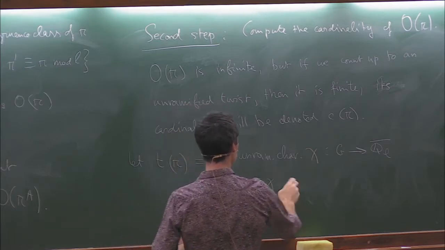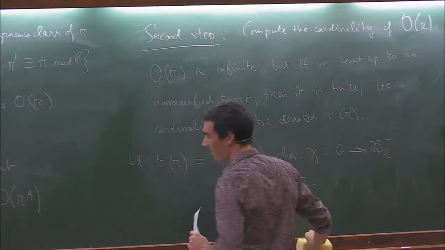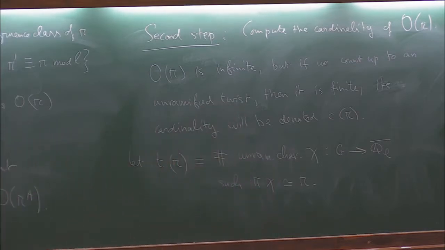So pi twisted by chi remains isomorphic to pi. It is well known that this number is finite, and even that it divides n.